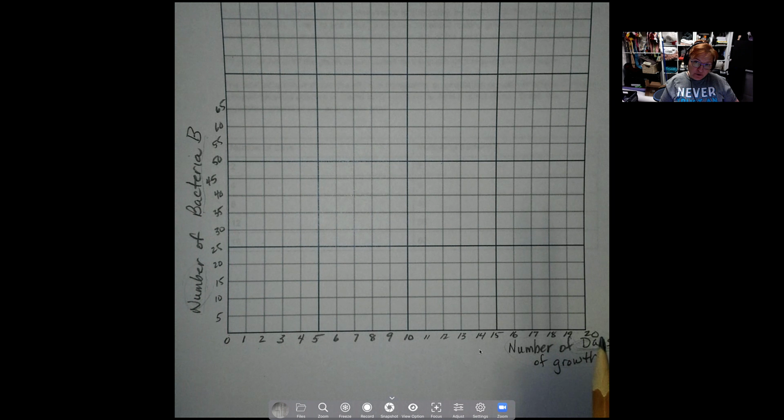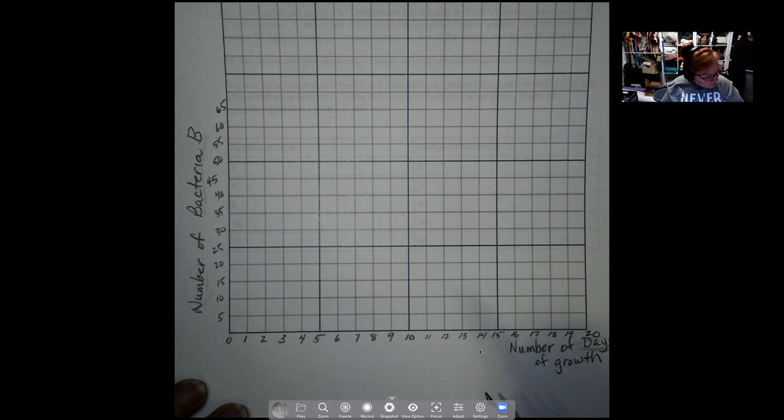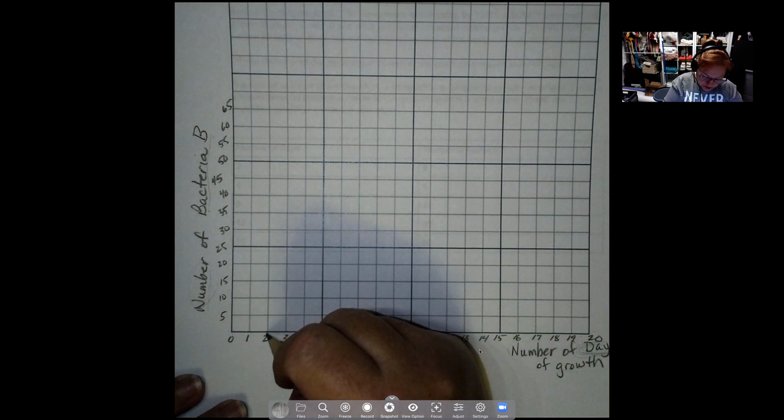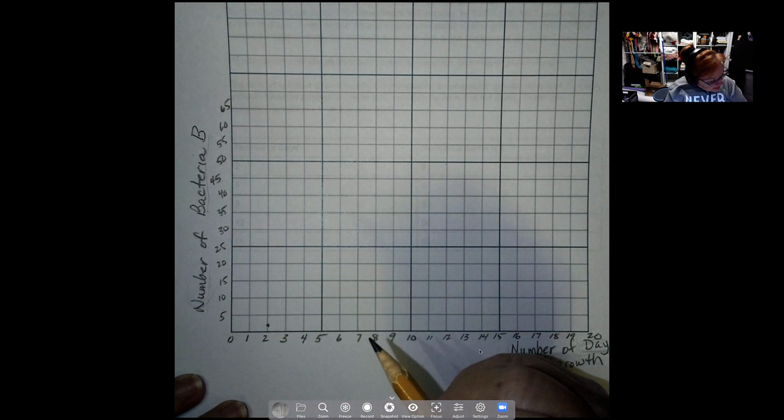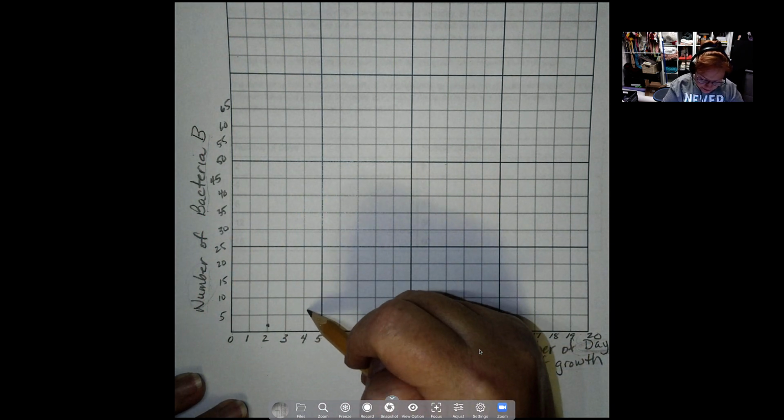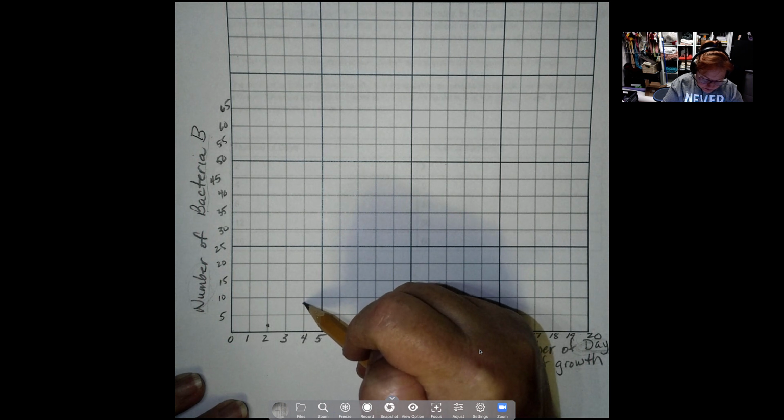Then I'm just going to go through and plot my data. We're almost done. Okay, so I have 2, 2. So at 2 days, we had 2 colonies. At 4 days, there were 8 colonies. That's going to be below the 10.